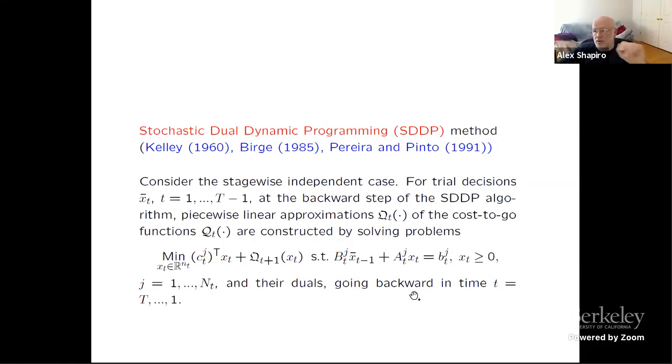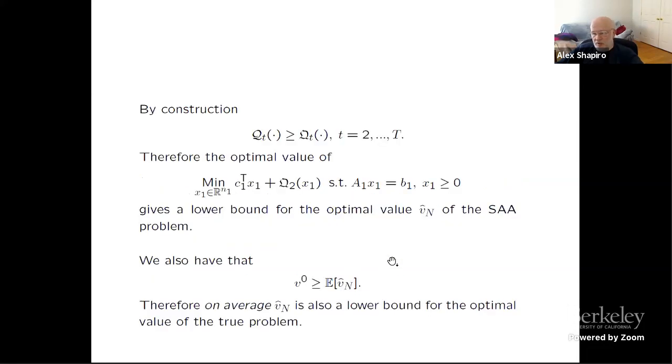I will try to show you. Here, the dual problem is just for how to compute the subgradient. This is classical in linear programming: to compute the subgradient, you need to solve the dual problem. I hope I'll have time to do that.